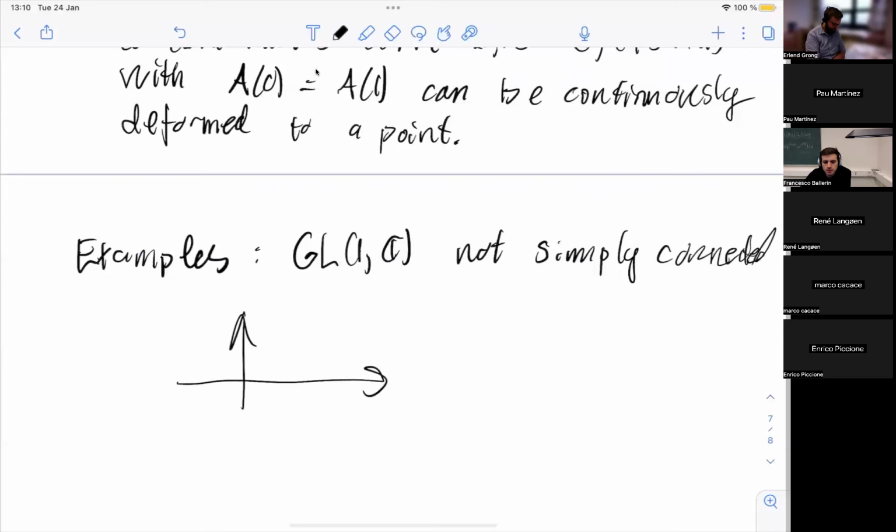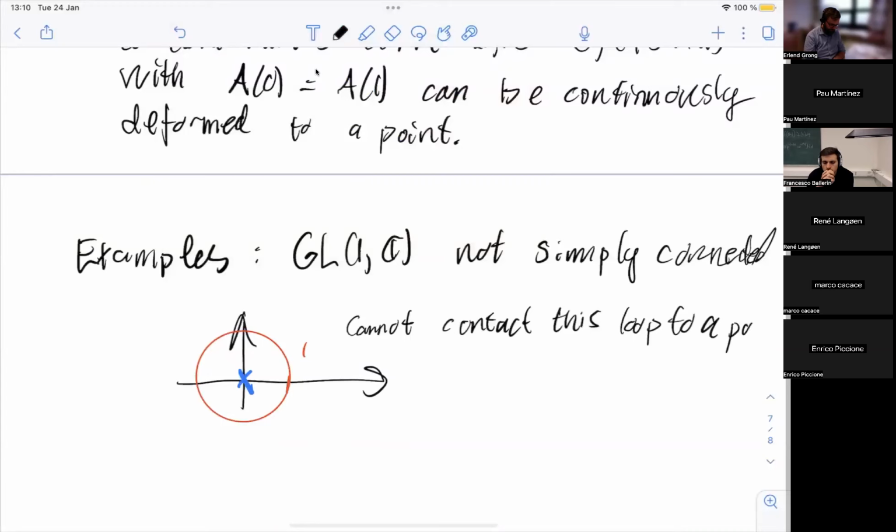So if I have the point here and I have a loop from 1 going around this point, then I cannot contract this loop to a point.